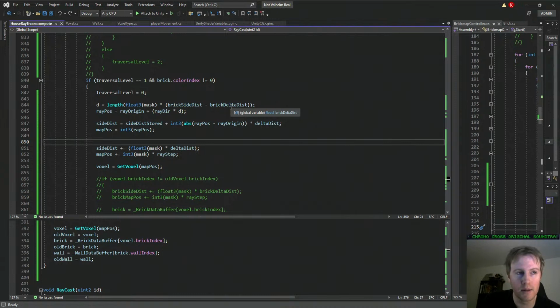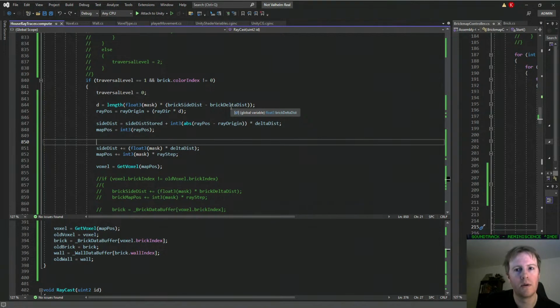Unless my ray distance is broken. But I don't think it is. It might be. Or my delta distance, rather. But the delta distance, I made it so that it translates to the lower resolutions.